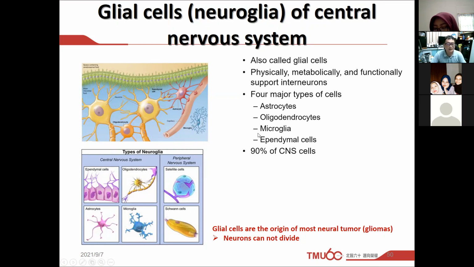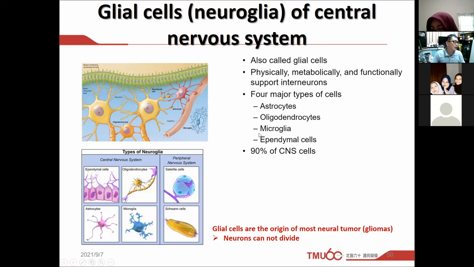Next one, microglia. In the beginning of the lecture, I told you it's a kind of specialized macrophage living in the brain, which can respond to infection or inflammation. Another one, ependymal cells. This cell is very important for regulating the flow of CSF.